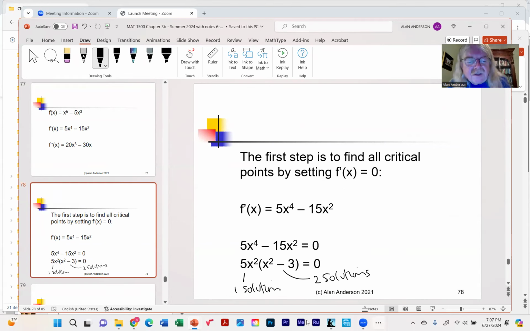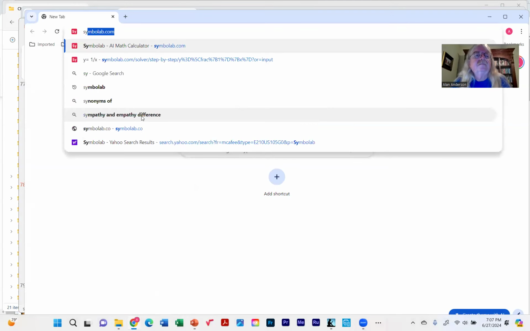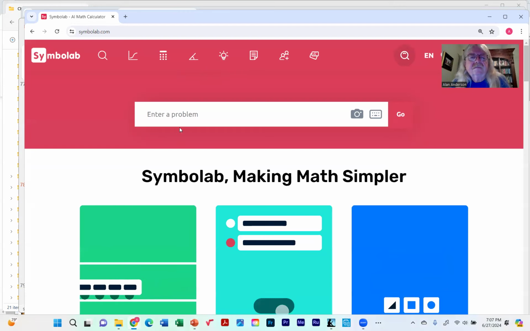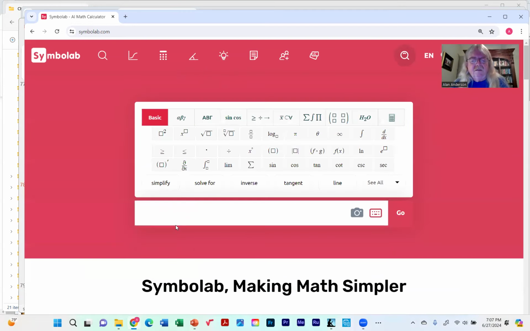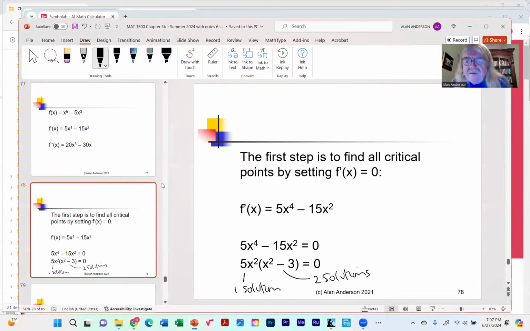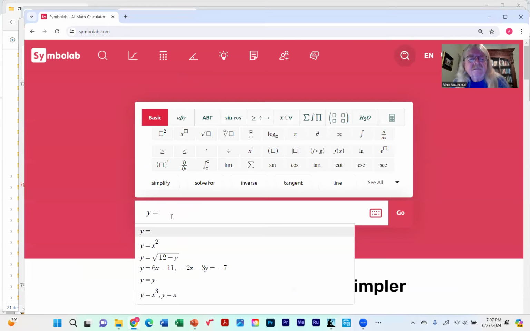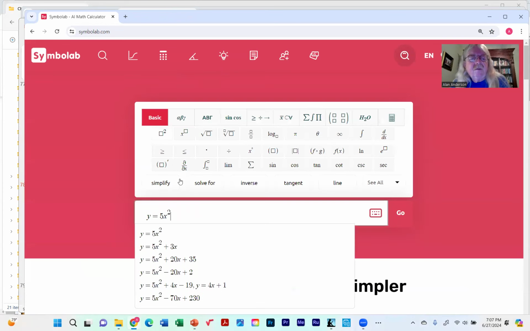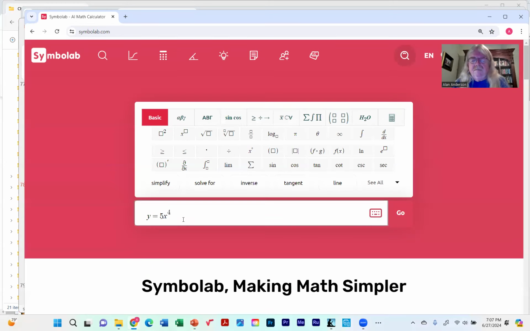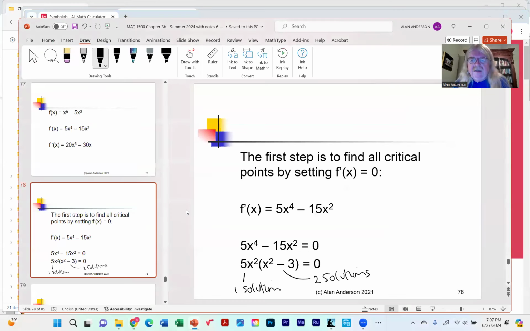In fact, just because it might be interesting, why don't we graph this first derivative in Symbolab? Because what we're looking for is the points where it crosses the horizontal axis. So we'll have 5x to the fourth minus 15x squared.